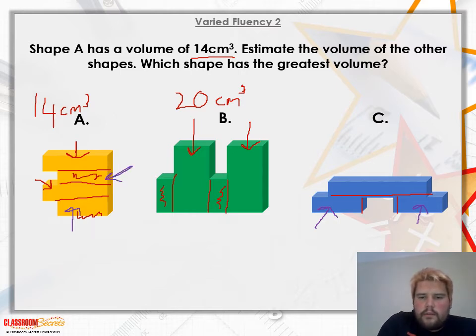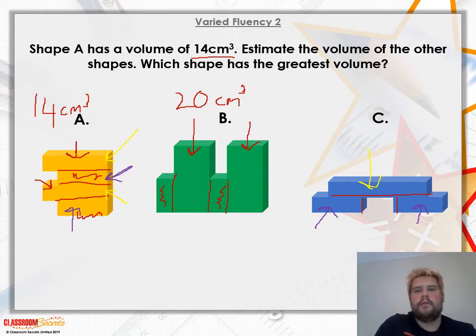Now, I'm going to use yellow for this. This big long section C is probably very similar to what's left over on A, because we've got quite a long section left over on A, including these 2 here. So maybe that fits around about the same. So remember, it's logical guesses. So I'm going to go with C being exactly the same or around the same volume as A.